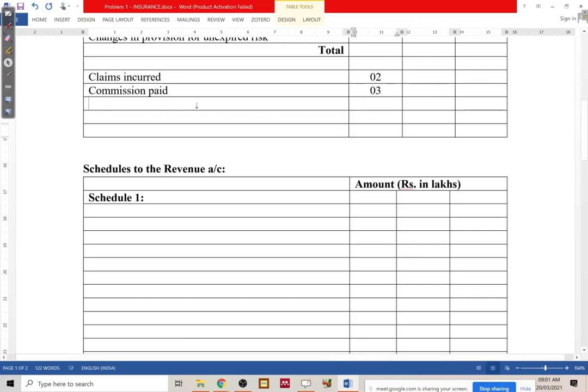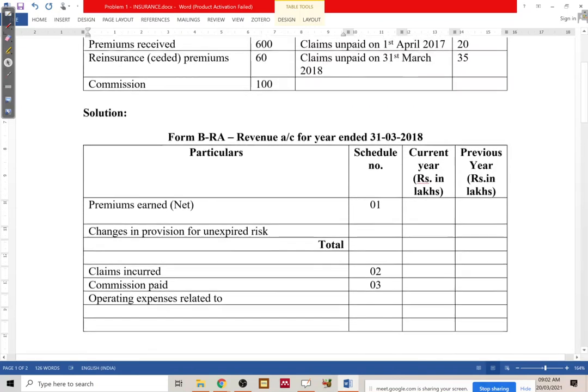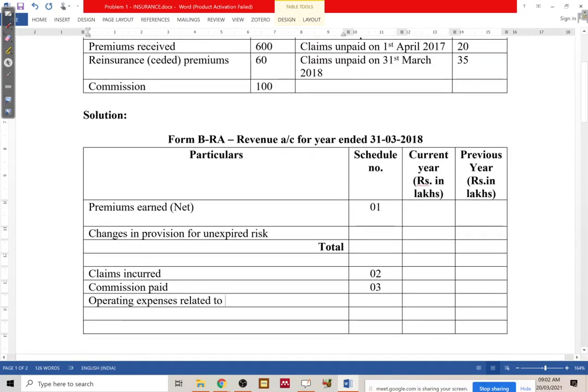So the third schedule is commission paid. Fourth is operating expenses. These are operating expenses not related to the full business. It does not include everybody's printing and stationery, everybody's salaries, everybody's administrative expenses.